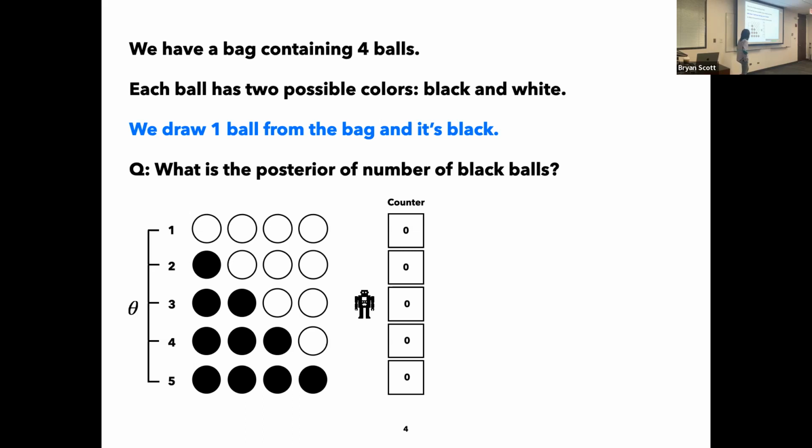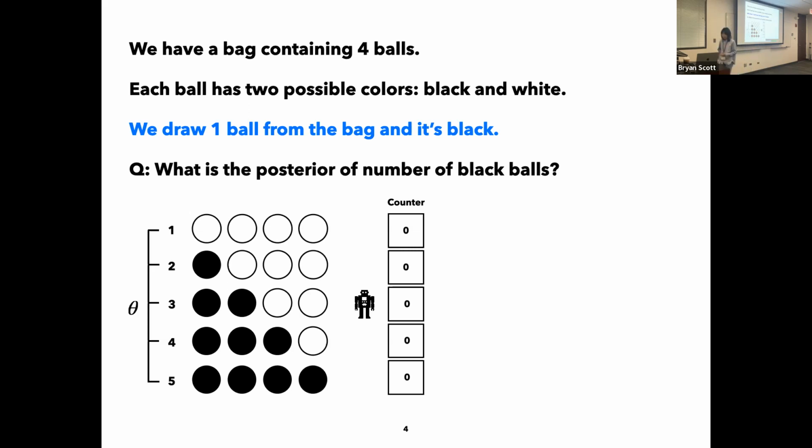If you remember the posterior we derived for a bag of 4 balls, drawing a black ball, that would be 0, 0.1, 0.2, 0.3, 0.4. If we are making 100 visits, where this robot explores the space 100 times, we want the counts to be something like 0, 10, 20, 30, 40. So the number of visits per state is proportional to the posterior distribution. That's what we want to achieve.